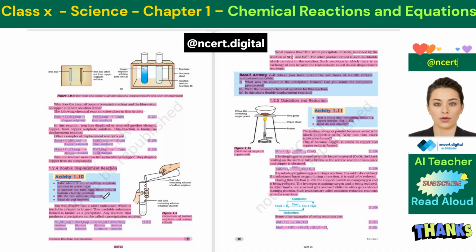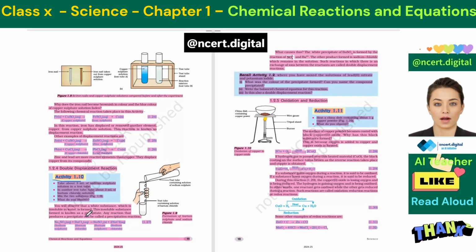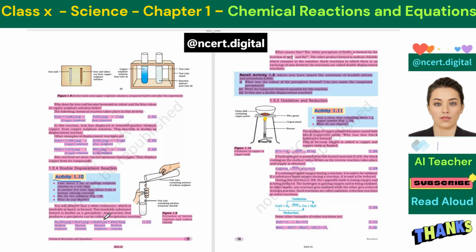Mix the two solutions, Figure 1.9. What do you observe? You will observe that a white substance, which is insoluble in water, is formed. This insoluble substance formed is known as a precipitate. Any reaction that produces a precipitate can be called a precipitation reaction.